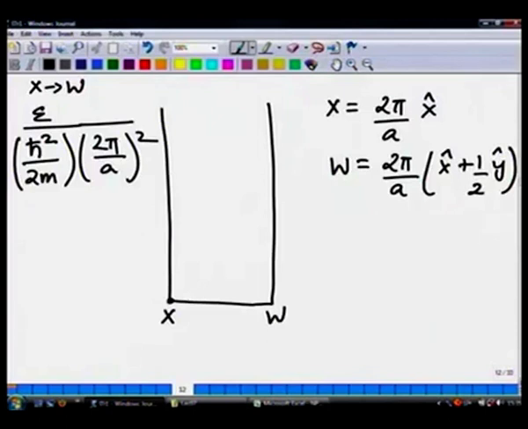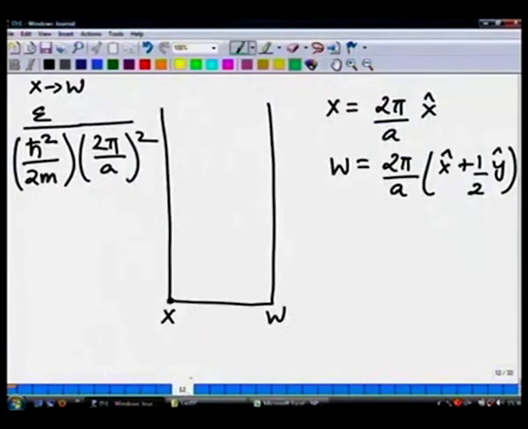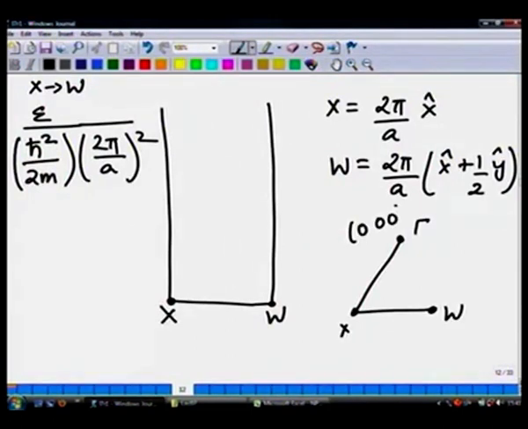If I again look at it this way, here is gamma right here, here is X, here is W, here is the W point. I want to go from here to here. Let us just plot it out. These 3 points form a plane. Here is the gamma point, which is the reference 0 0 0, the origin, here is the X point, and here is the W point.